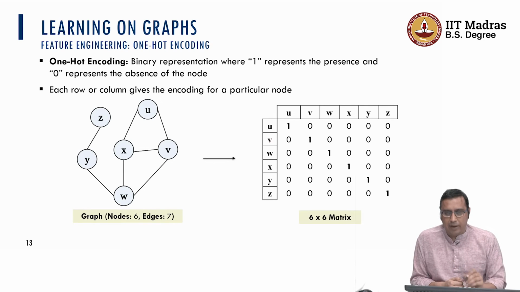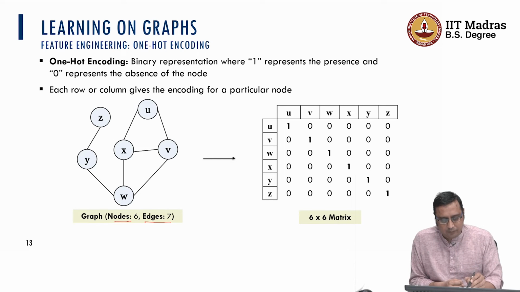So I will create a matrix; in this case, I have a graph with 6 nodes, 7 edges, and I have created a one-hot encoding of each node by constructing a node versus node matrix, and the elements of this matrix are 1 if this node is present, 0 if not.